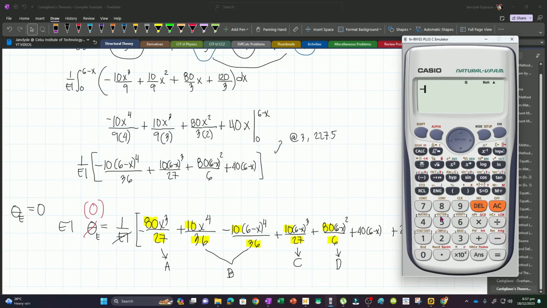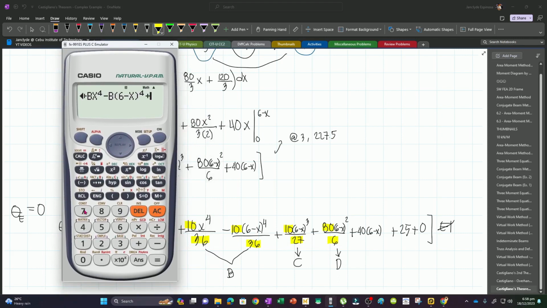So that will be negative 80 over 27. This is our A, so I store that in A. And then 10 over 36 will be here in B. And then 10 over 27 will be stored in C, and 80 over 6 will be stored in D. And so my typing of that is A times x cubed, plus B times x to the fourth, minus B times 6 minus x to the fourth, plus C times 6 minus x squared cubed, plus D times 6 minus x squared, plus 40 times 6 minus x, and then plus 25.